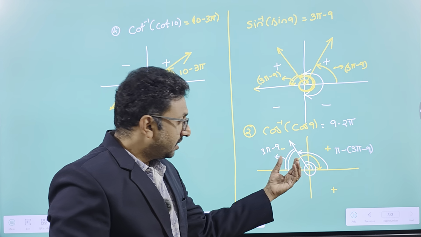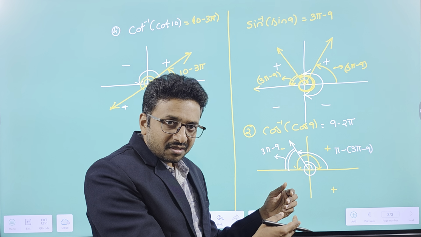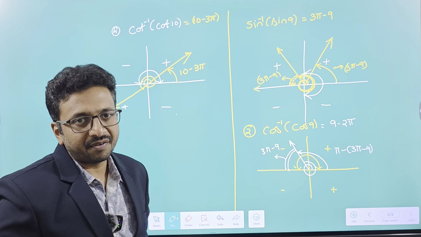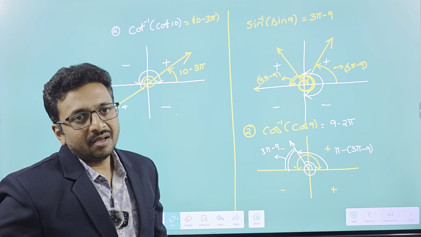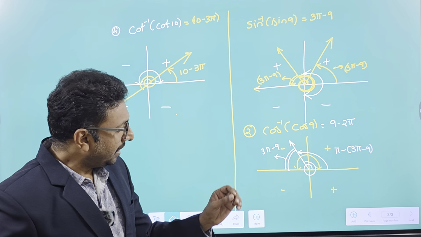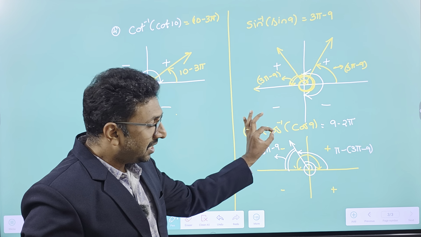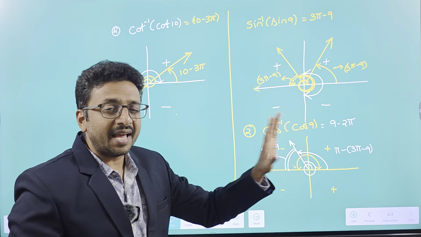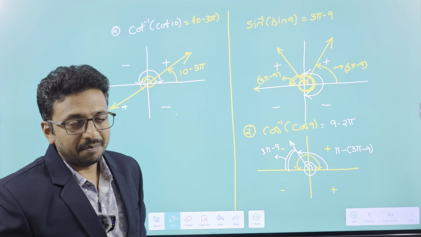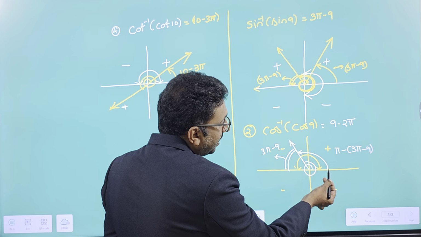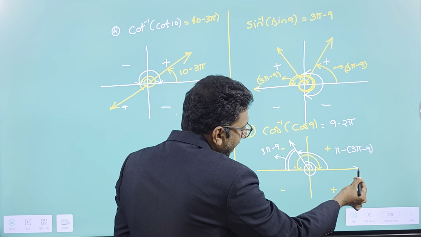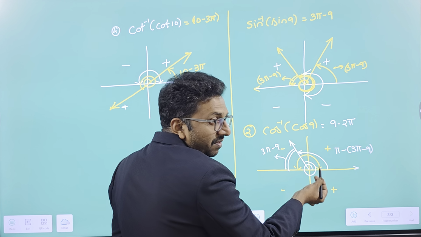So whenever the ray stops within the range, you can skip that step of reflection and take this ray as the final ray. But the answer to T inverse of T of x is the basic angle corresponding to that ray. Basic angle in the sense the angle should be measured from the positive x-axis.